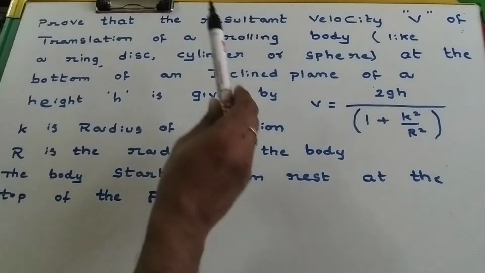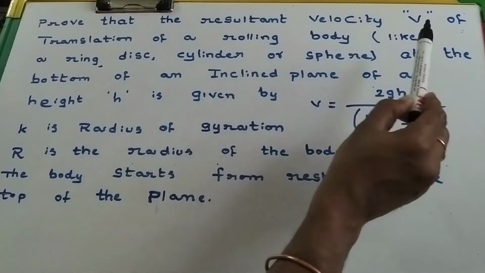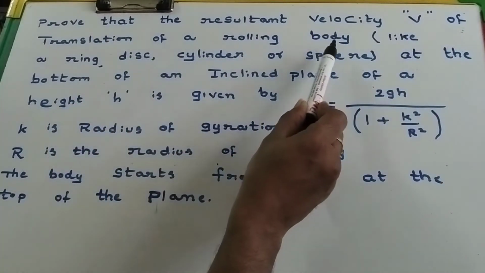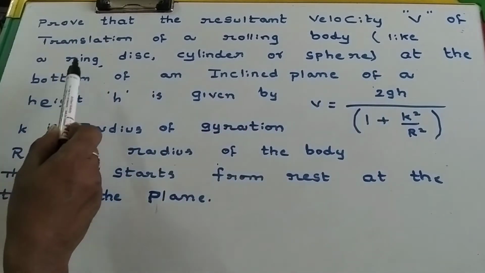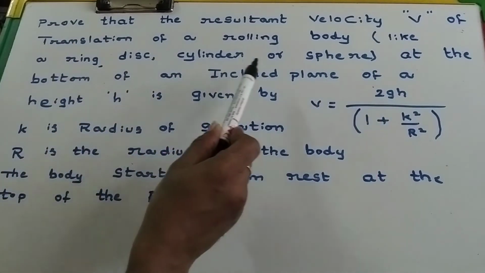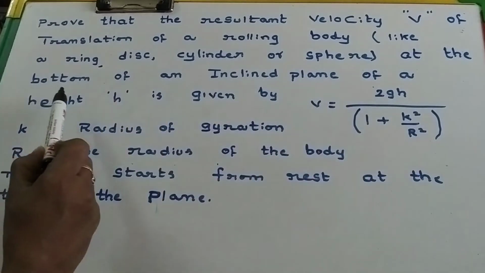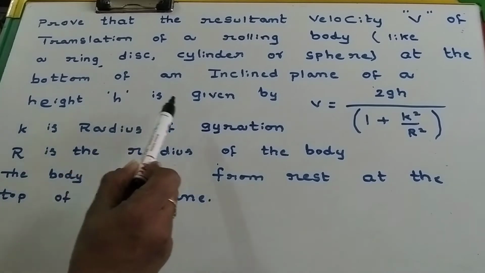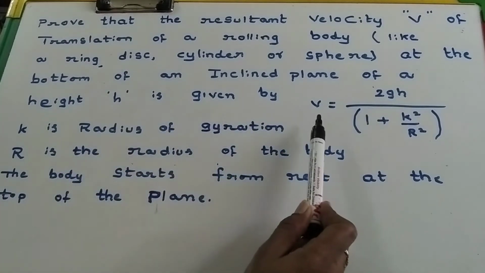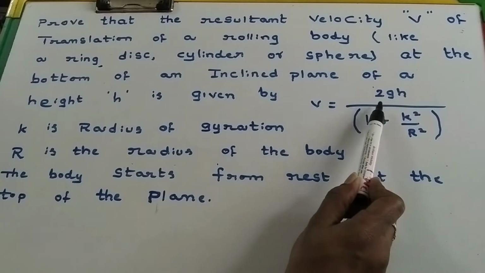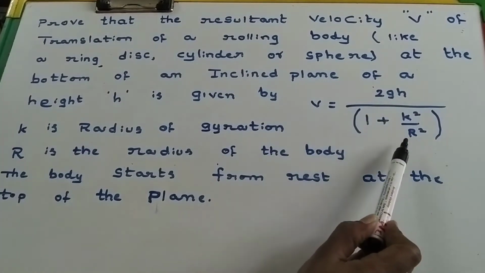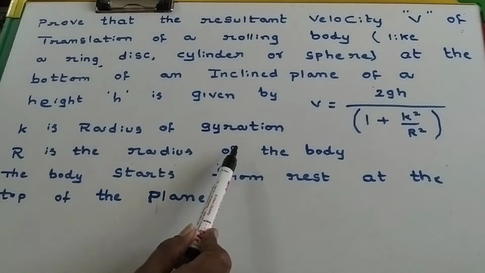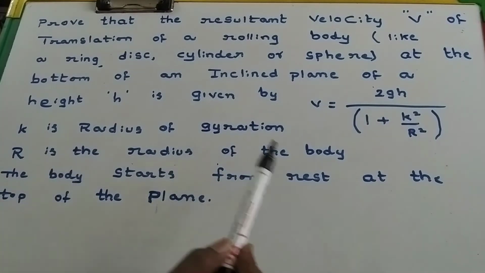Prove that the resultant velocity v of translation of a rolling body like a ring, disc, cylinder or sphere at the bottom of an inclined plane of height h is given by v = √(2gh / (1 + k²/r²)), where k is the radius of gyration and r is the radius of the body.